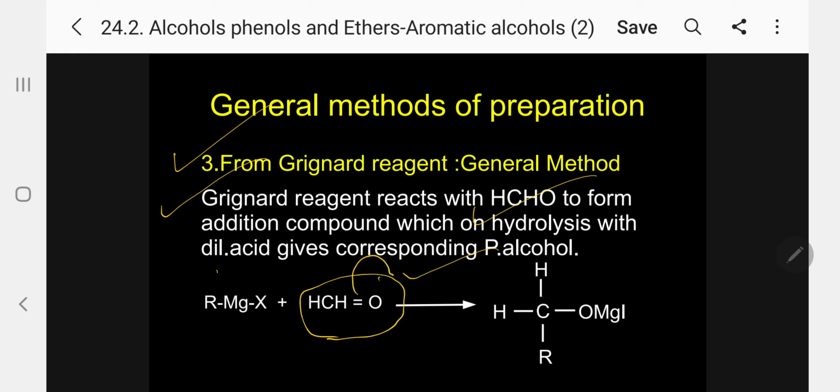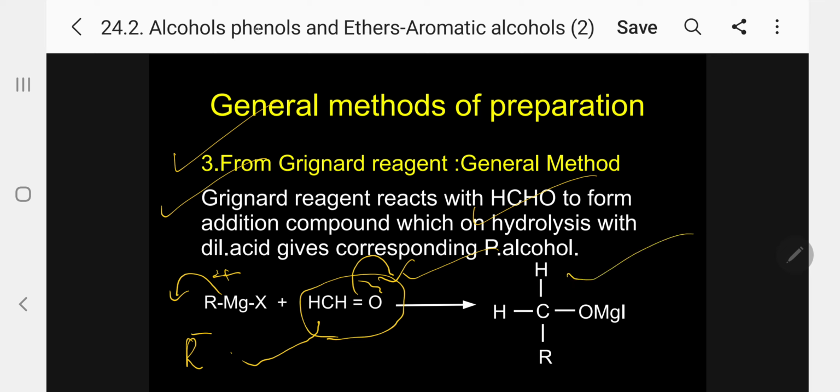Just see, the pi bond is undergoing heterolytic fission, and R minus, MgX plus. So minus will add here and plus will add here. We are getting this intermediate.